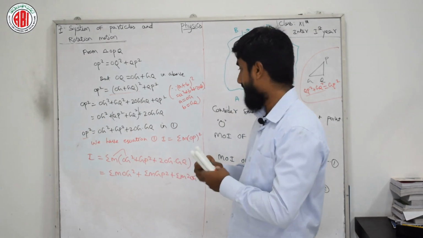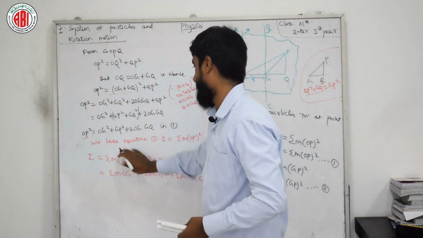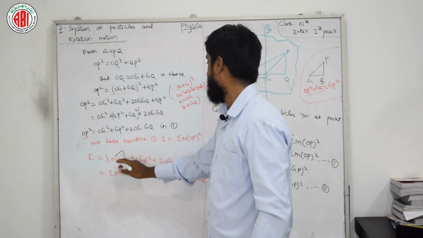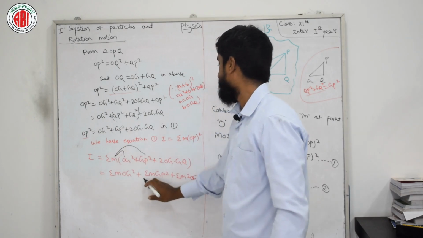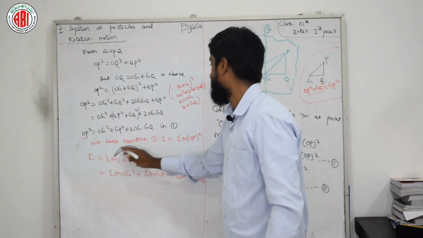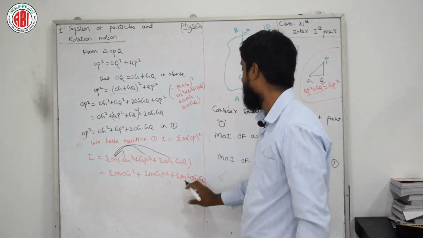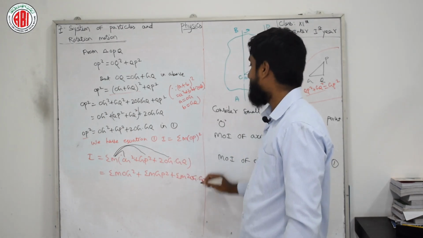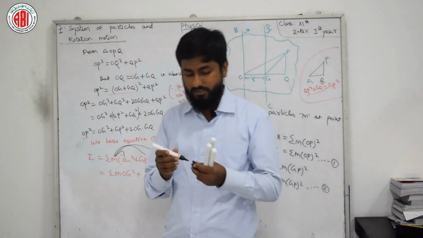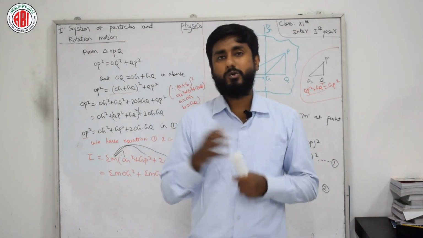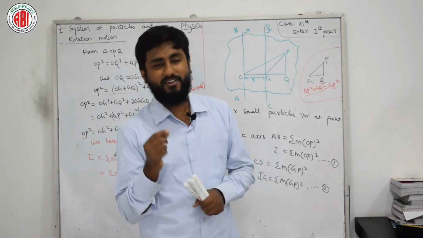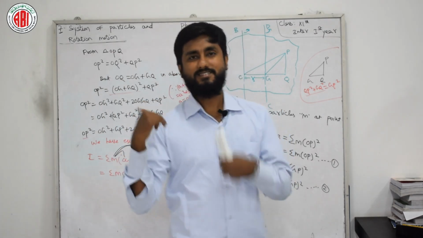After that, I am putting arrows also. Now sigma m into GP square is sigma m GP square. Now sigma m into 2OG dot GQ is sigma m 2OG dot GQ. Till here you can keep this with you, but as of now don't copy, because I am going to put a fair answer once I am done with this theorem.